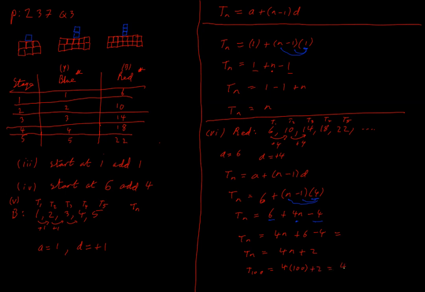And that would be 400 plus 2, which is 402. And that is how I can use my formula here to find out the number of boxes in any stage in my pattern. And that's the formula we need to be able to use any time that they ask you for the relationship between a stage and a number of objects. And that's what we need to be able to do for now.